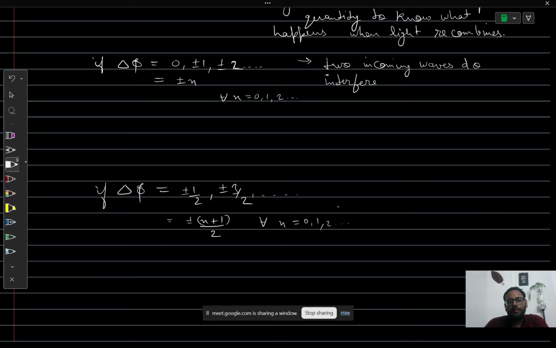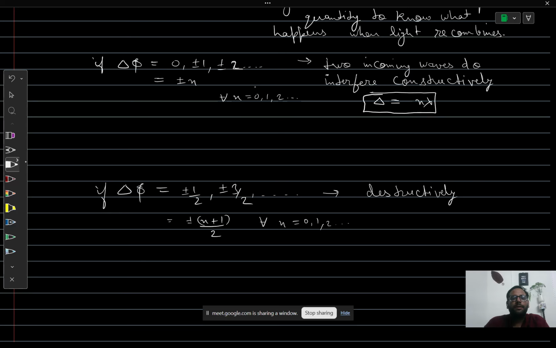So the first one should be constructively and the second one should be destructively. Yes, so it should be constructively. They interfere constructively and they interfere destructively. Okay, so you also define path difference, right? Again, it should be n lambda, integer multiples of lambda.